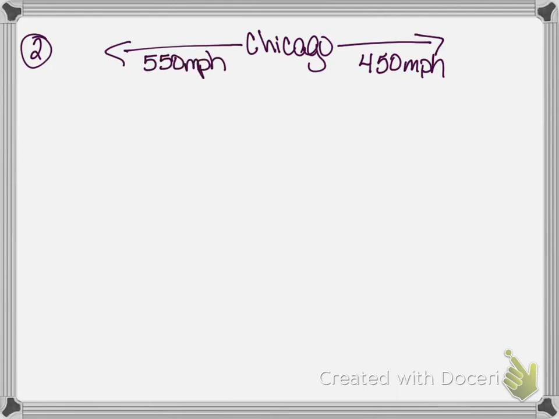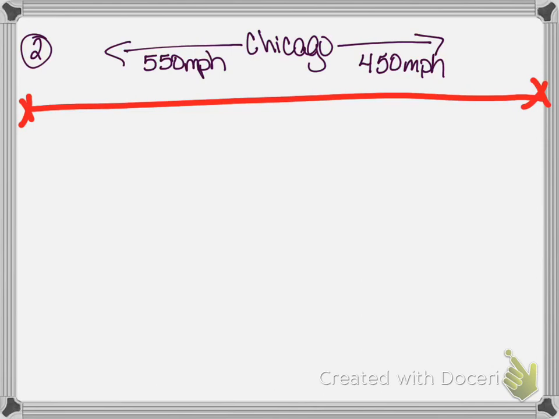What we want to know is how long is it going to take them to be a total of 4,000 miles apart. So again, the formula that we are going to use is rate times time equals our distance.